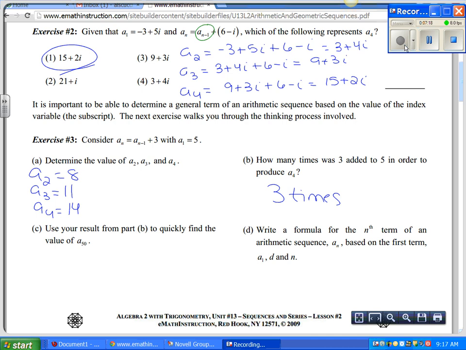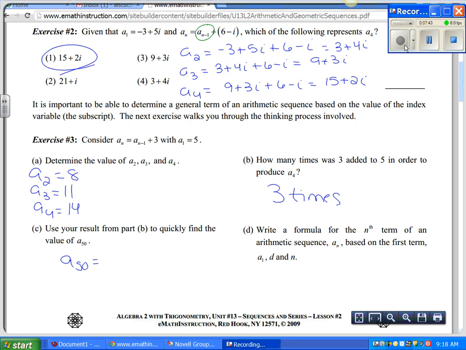All right, so how can I use my result from part B to quickly find the value of a sub 50? How many times would I have to add 3 on? 49. If I wanted a sub 4, I had to add it on 3 times. If I want a sub 50, I'm going to have to add it on 49 times. What's repeated addition?